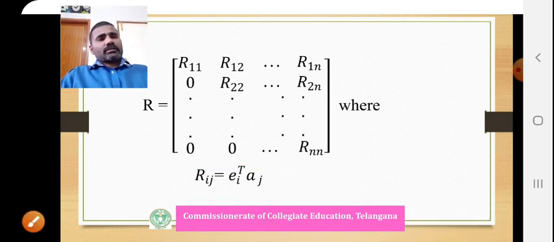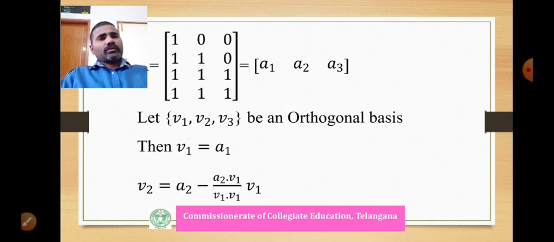Now we can take one example. A equals 1 1 1 1, 0 1 1 1, 0 0 1 1. This first column is A1, the second column is A2, and the third column is A3.